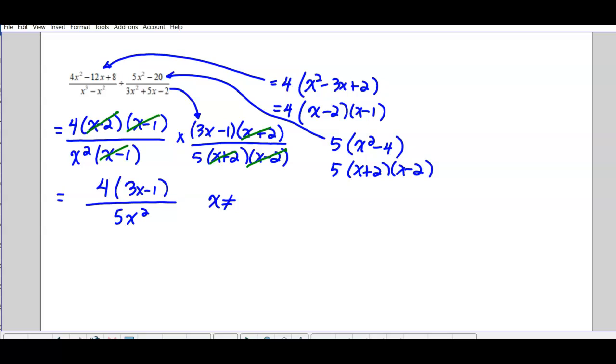Restrictions. Okay, look back to your first denominator. So if we got x squared as a monomial, that's 0, and then 1 for the second bracket. Then for the second denominator here, we've got plus or minus 2, so you can abbreviate it with a plus or minus.